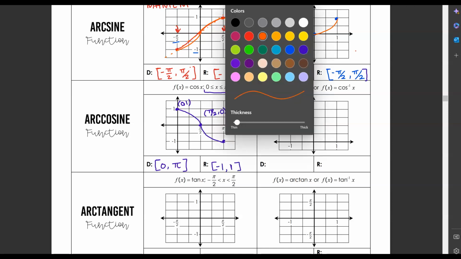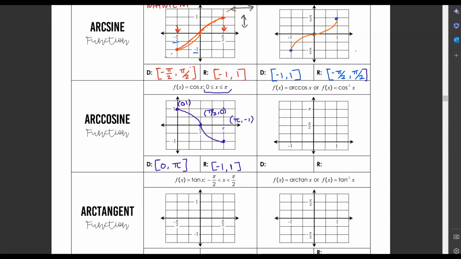So now that we look at our arc cosine, first thing we need to know is that our domain is going to be the range of the original function, and now the range is going to be the domain of the original function. So we see this particular graph. All right, so that means that we can flip all of these. So at 1, I'm going to be at 0.